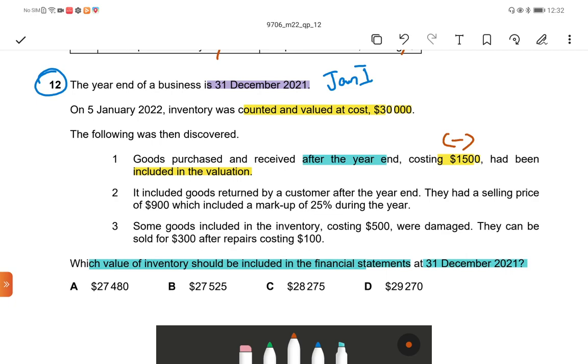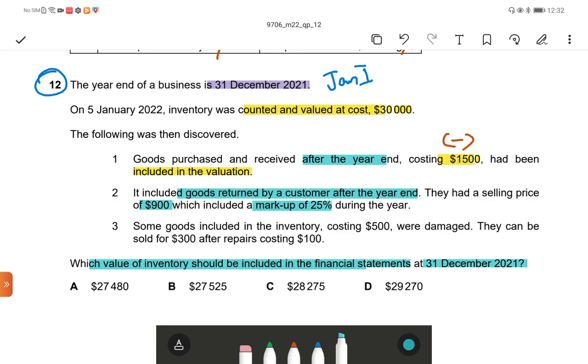Then it included goods returned by a customer after the year end. Again, goods returned by the customer we should deduct. They had a selling price of 900 which included markup 25%.